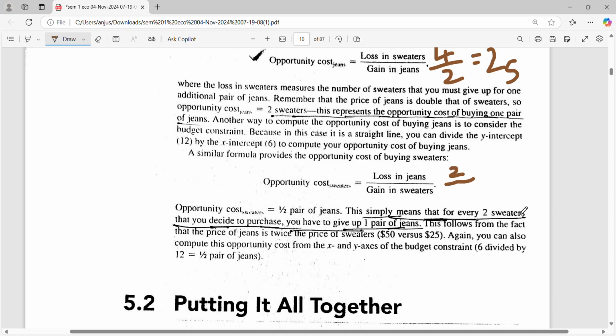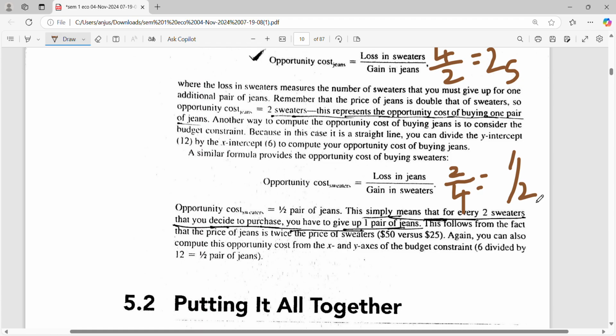Just don't worry about the signs, just read the numbers 2 and 4. So you will get 1/2. So 1/2 jeans is the opportunity cost of a sweater. Half a pair means, as 1 pair costs 50 rupees, half a pair costs 25 rupees. With 25 rupees you can get a sweater. So we say that half a pair of jeans is the opportunity cost of a sweater.